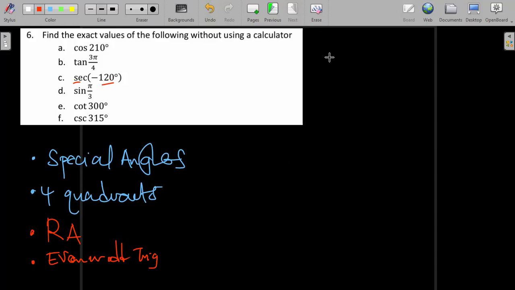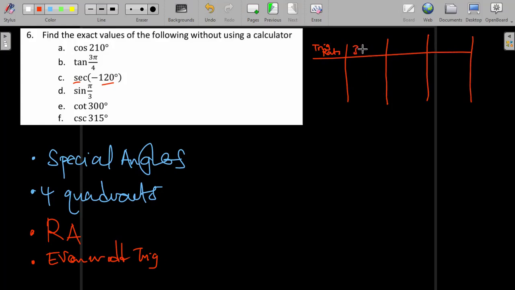I'm sure most of you know the special angles. So let's come up with something like a table here. Here I'll put the trig ratio, and then I'm going to divide this into the three special angles.